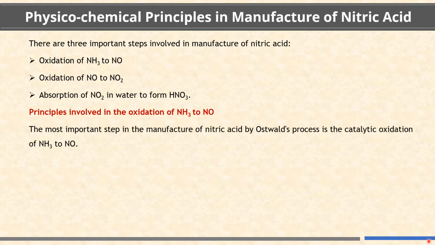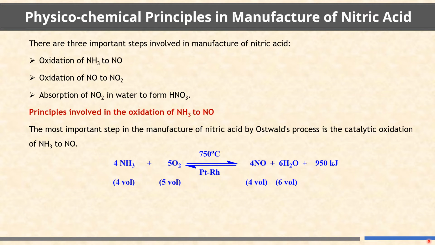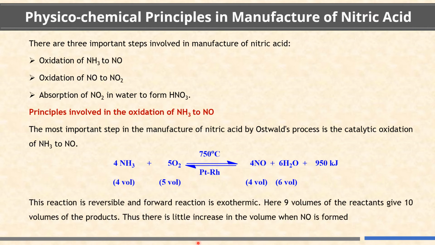The most important step in the manufacture of nitric acid by Ostwald process is the catalytic oxidation of ammonia to nitric oxide, which proceeds by the reaction 4 NH3 plus 5 O2 gives 4 NO plus 6 H2O plus 950 kilojoules of energy. The reaction is reversible and the forward reaction is exothermic.